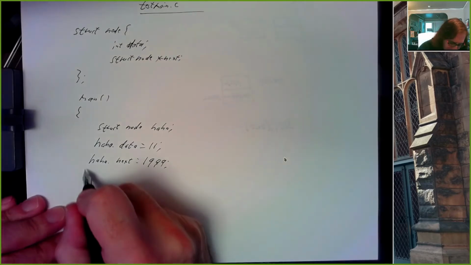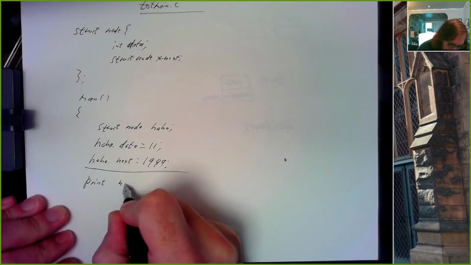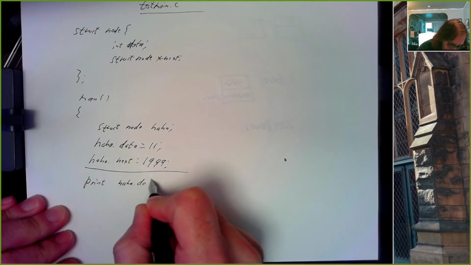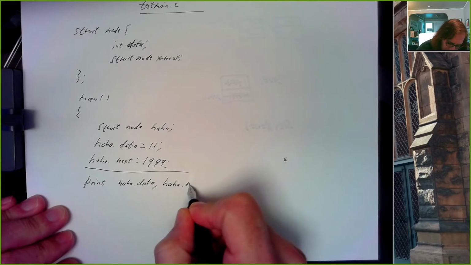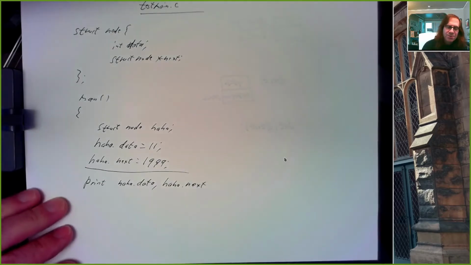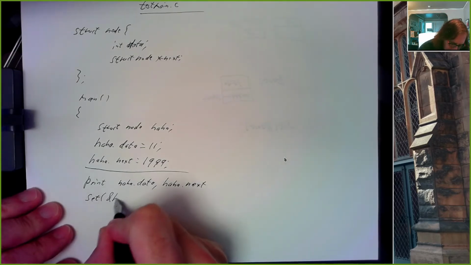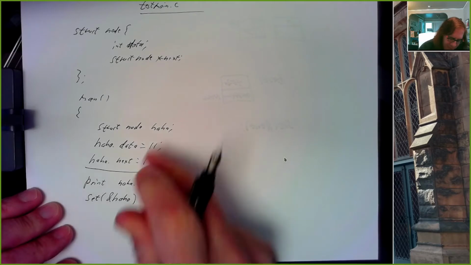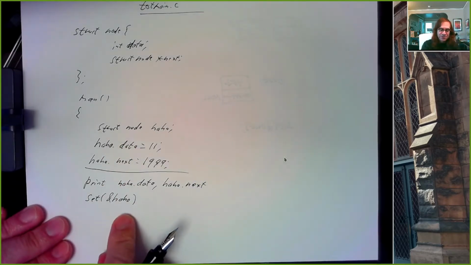Right? So let's do some prints. Print haha.data and haha.next. And make sure that you know what those values are. And then call your set function. And since haha is not a pointer to a struct node, but it's actually a struct node, I'm going to pass the address of it.